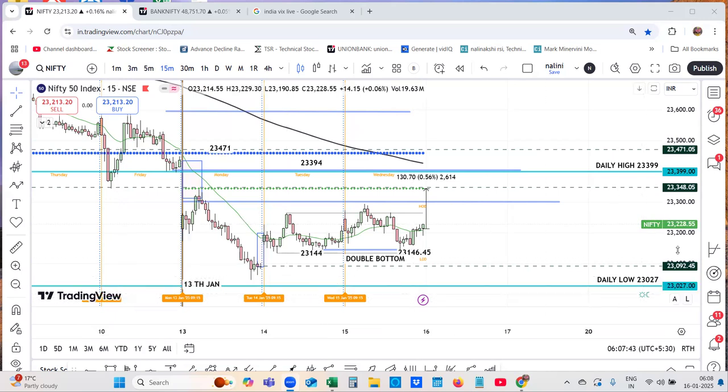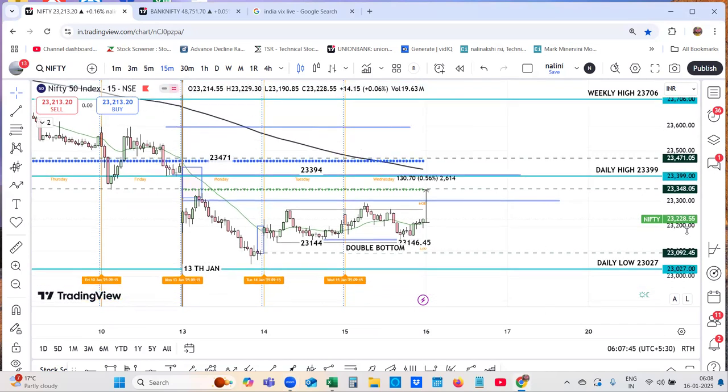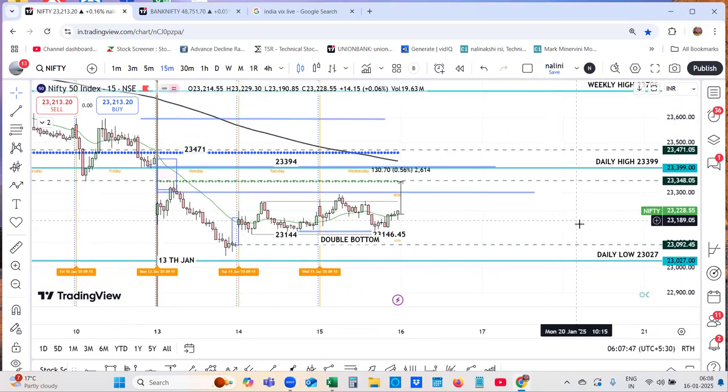Based on the India VIX, I've calculated the levels as guidelines for today's trade. On the upper side, 23,399, and on the lower side, daily low to be 23,027.